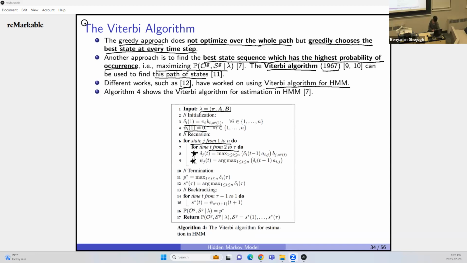We'll see them. Then I have termination, which gives me p star and s star. Then I have backtracking, which we'll see, s star, and then equation 16 gives me this probability, and I return it. So let's see.